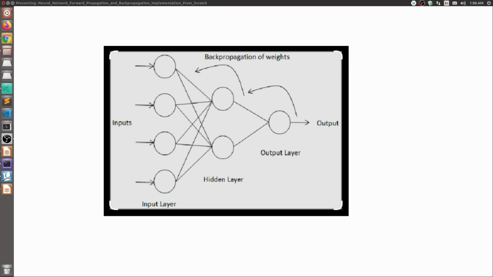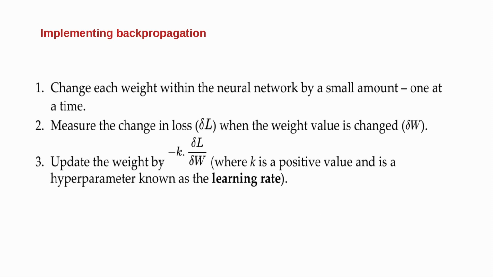So for now, let's quickly go over the very basic algorithm of back propagation, which has mainly 3 steps: change each weight within the neural network by a small amount, one at a time, then measure the change in loss when the weight value is changed.